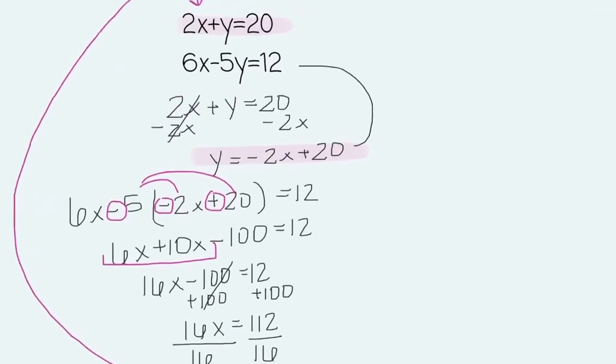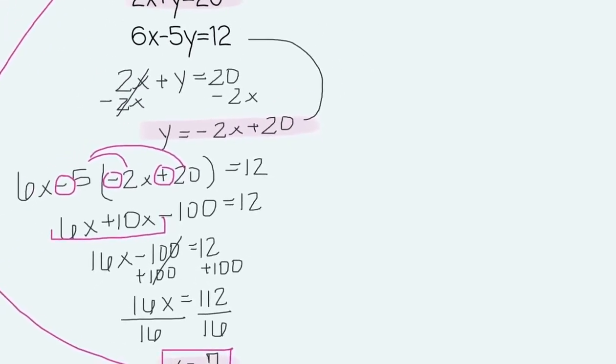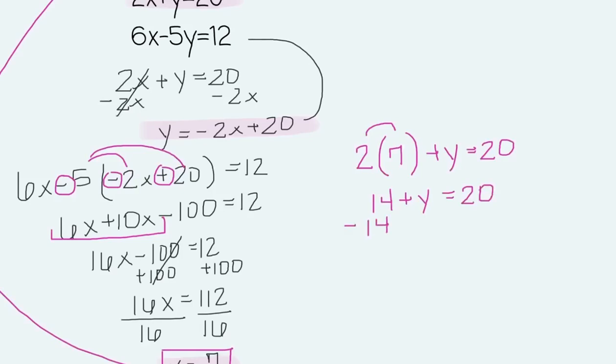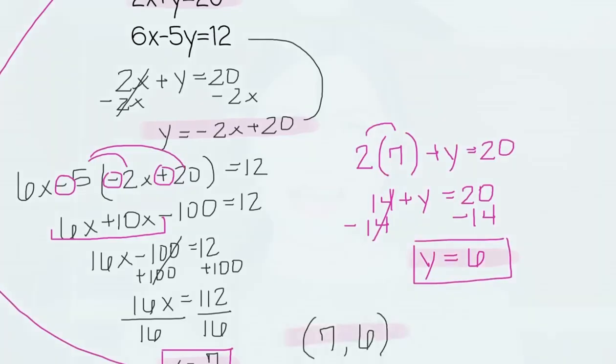So our equation is now going to look as 2x, which is now 7, plus y equals 20, and we distribute the 2 to the 7, which turns to 14 plus y equals 20. And now we get rid of the 14, so we subtract it on both sides, and we end up with y equals 6. Now our coordinate points are going to be 7 and 6.